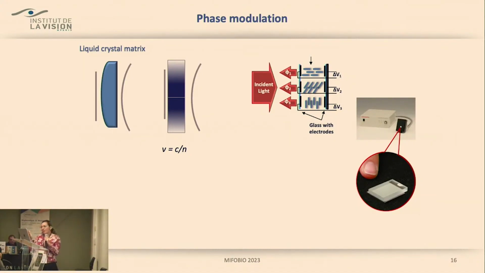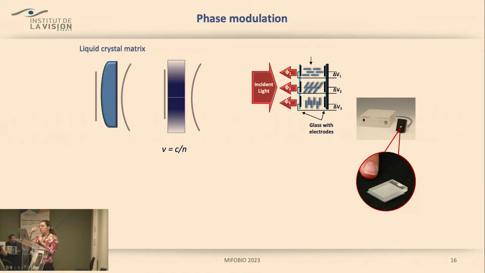So basically, for phase modulation, we use devices that take advantage of the local change of the refractive index of the pixels. This is done by using liquid crystal molecules controlled by a certain voltage. Basically, by changing the voltage at each pixel, we change the orientation of the liquid crystals, and this changes the refractive index, and by changing the refractive index, we change the velocity with which each ray is reflected from our device.